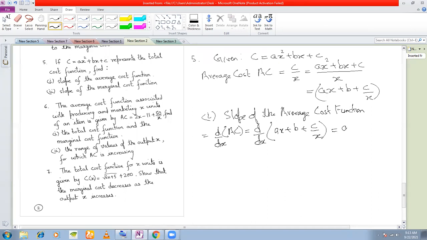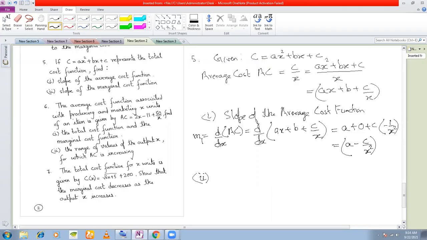And you differentiate this, you get a plus 0 plus c times minus 1 by x square, which is equal to a minus c by x square. Okay, so this is the slope of the average cost function. Let's call this M1.